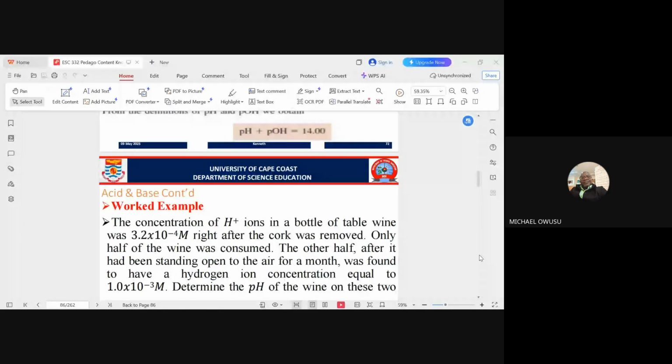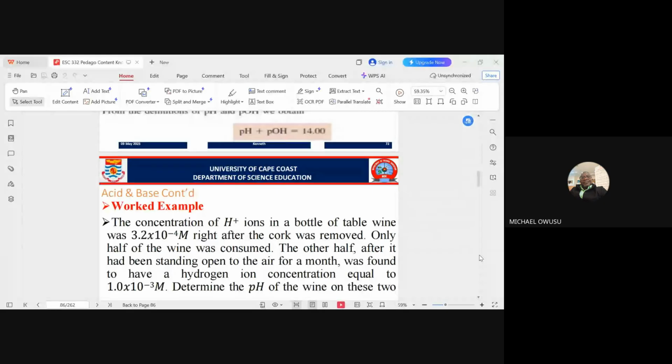Those who calculated, do that and let's see. 3.16 times 10 raised to the power negative 3 molar. Everybody do it.